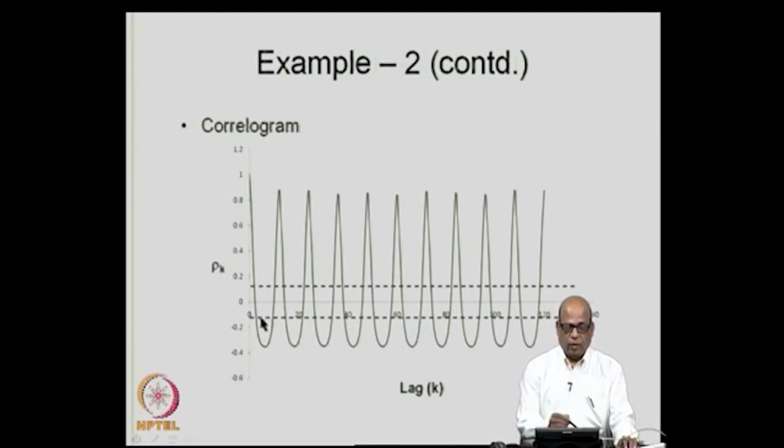You know, for different k you can estimate rho k and then you plot rho k versus k. The correlogram clearly indicates that there are periodicities here. You can get the peaks of the correlation on either side, and then you can suspect that the periodicities are, let us say, corresponding to k is equal to 6, k is equal to 12, k is equal to 18 and so on.